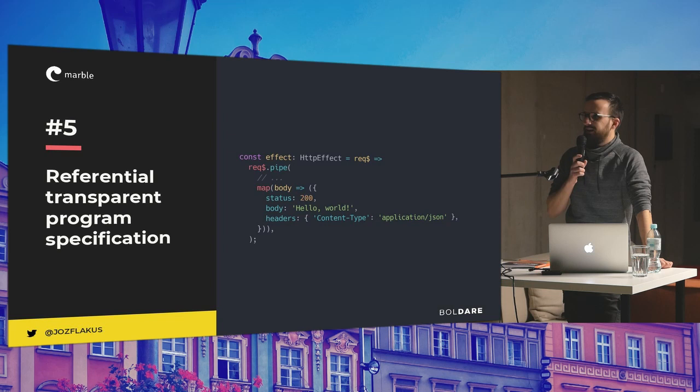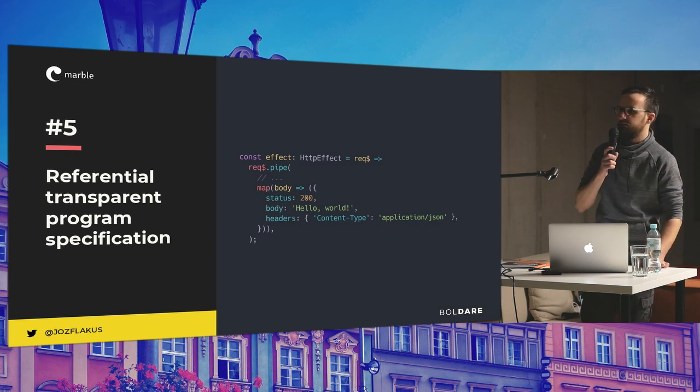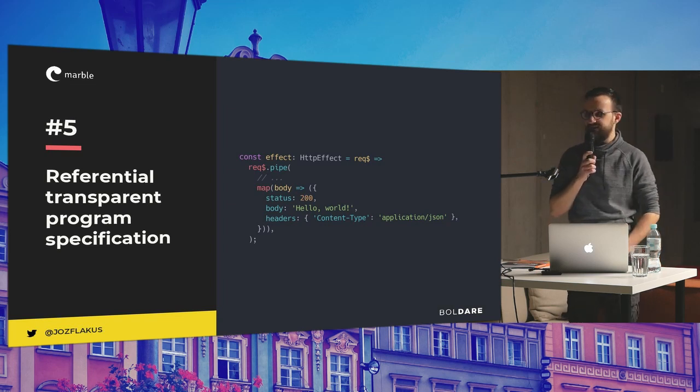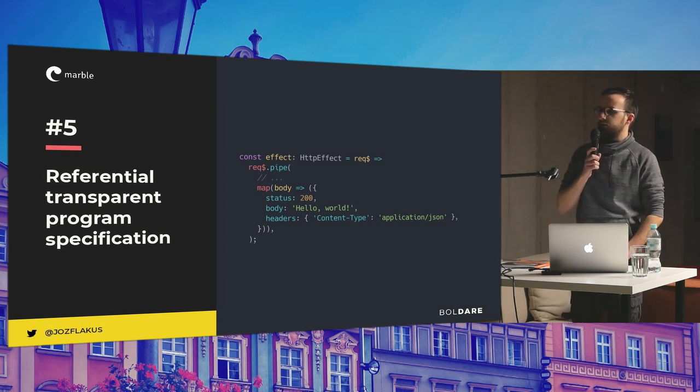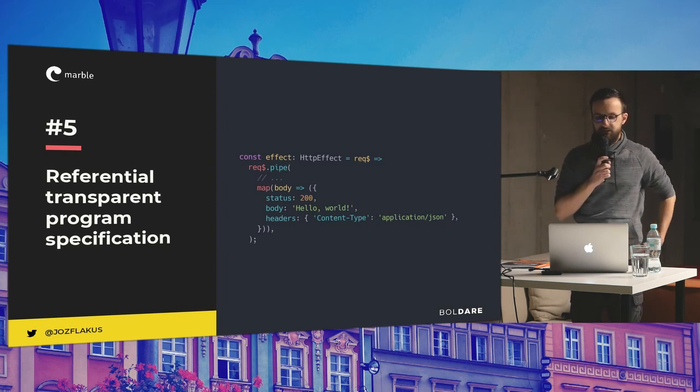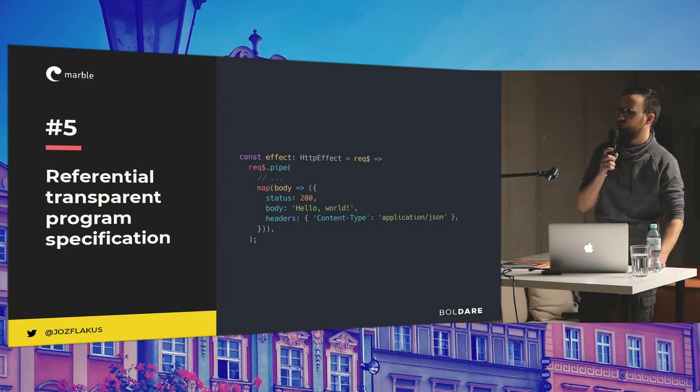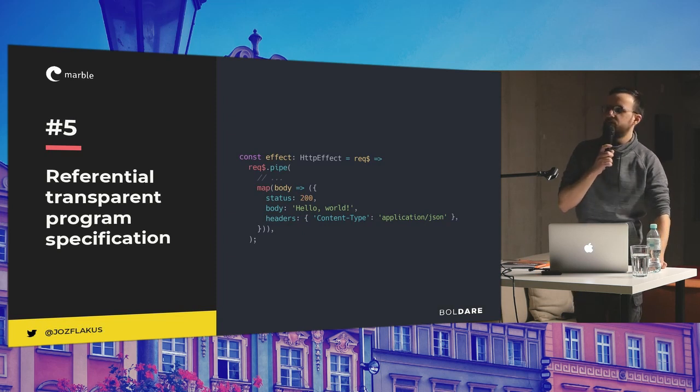Because Marble.js is based on functional programming, it also has some aspects of pure functional programming, which means that Marble.js effects are referentially transparent. Each effect at the end of each transformation should be mapped to some object.